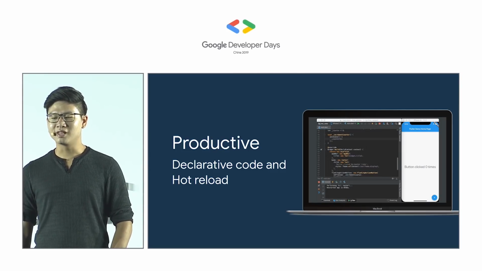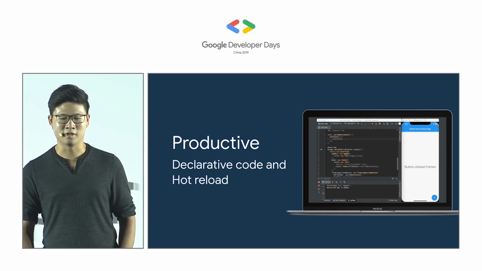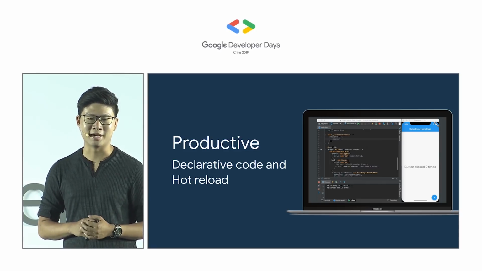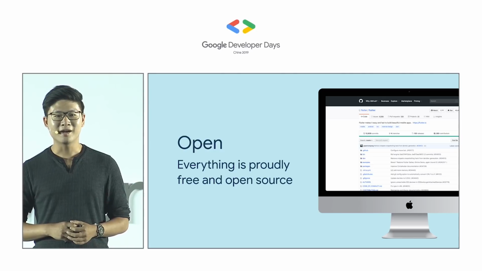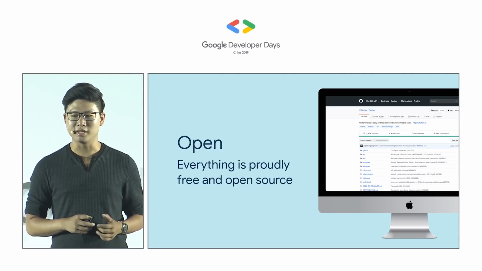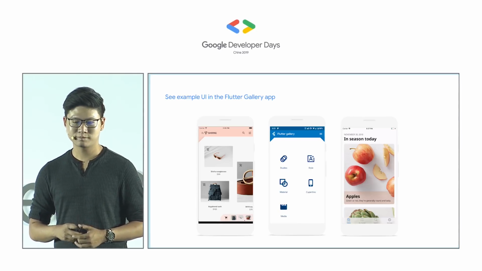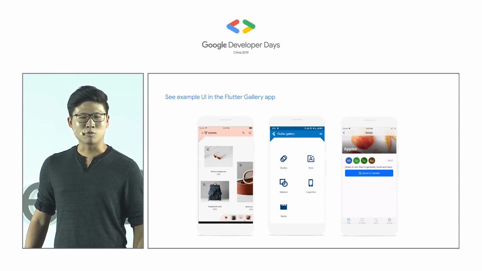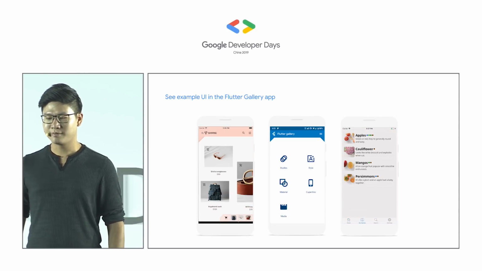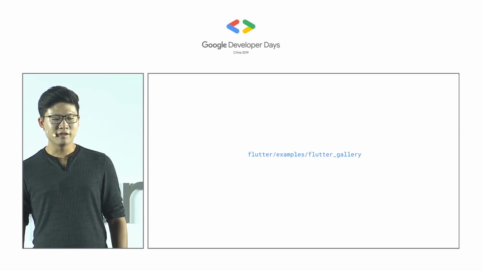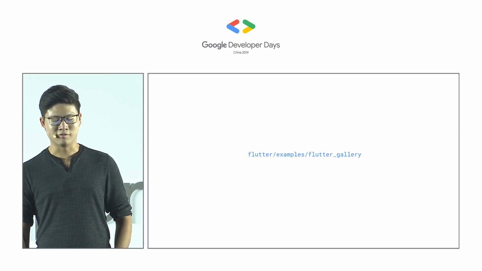Productive. Flutter's declarative code style and sub-second hot reload allows massive reduction in development time. And finally, open. Flutter is completely and proudly open source. We welcome you to explore what Flutter can do in the Flutter Gallery app, which can be found in the Flutter Gallery examples section of the code base.